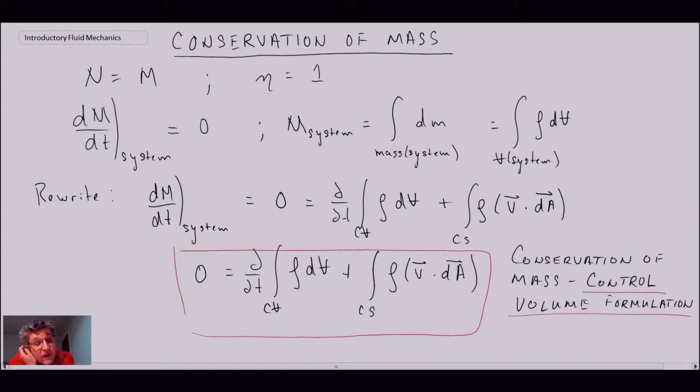And so you can see it's relatively easy to come up with our equations now that we have the relationship between the system and the control volume through Reynolds transport theorem. So we're going to take a look at this equation and a few notes about it. We have a vector here, V dot dA, and so we're going to make a few comments about that.